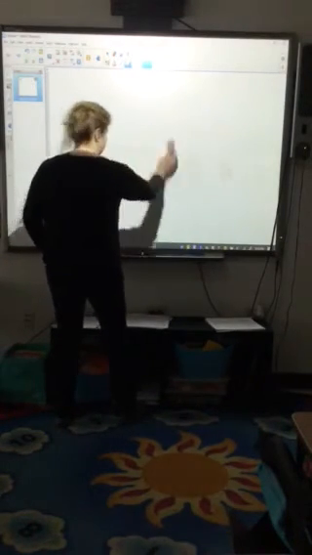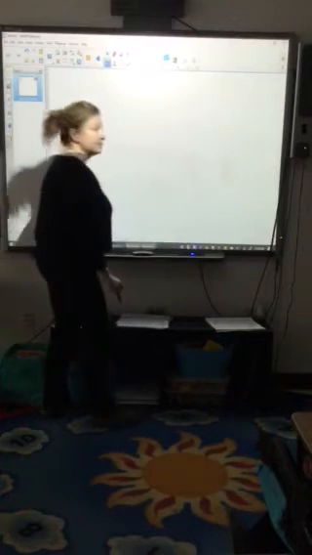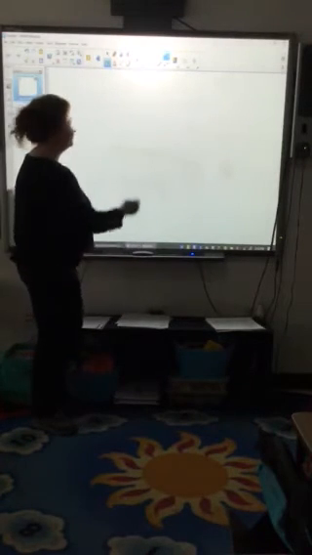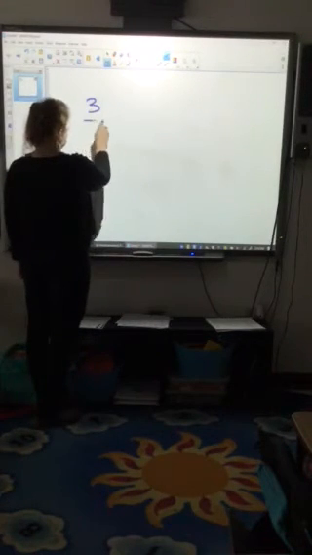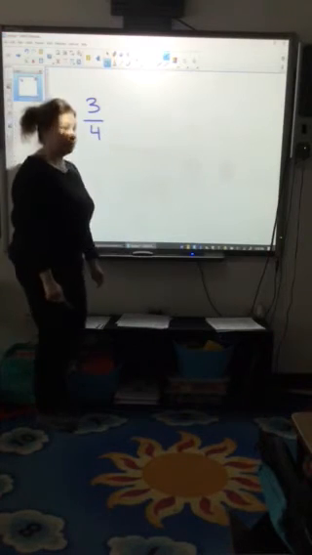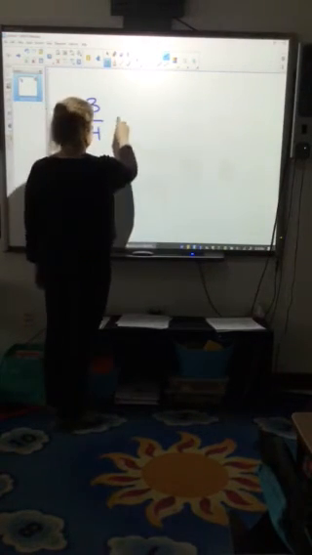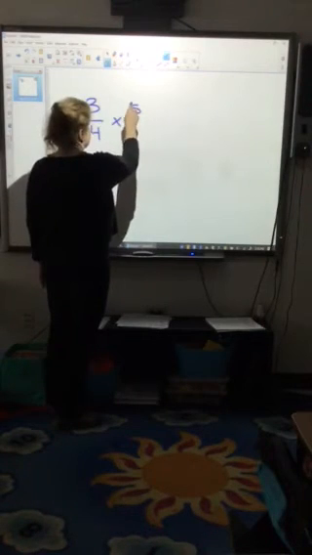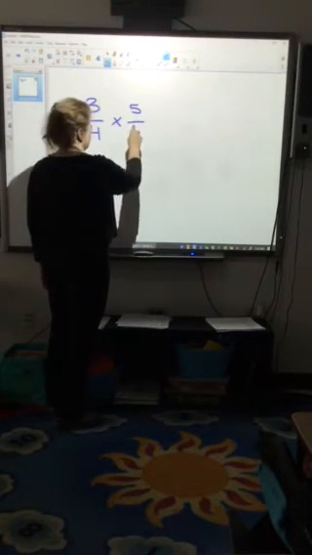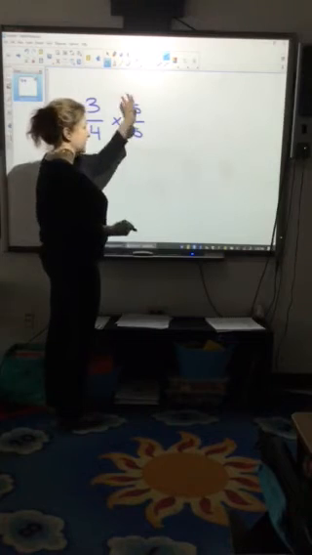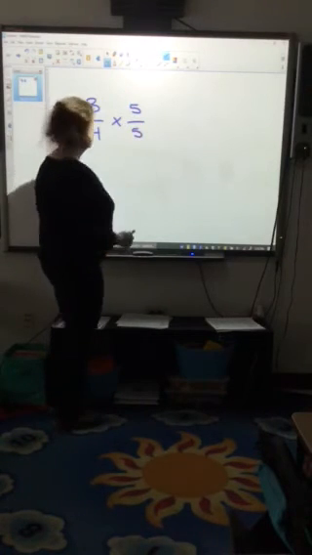And for example, if I have 3/4 and I want to generate a fraction, I can use any number as long as the number on top is the same as the number on bottom. That tells me that's 1.